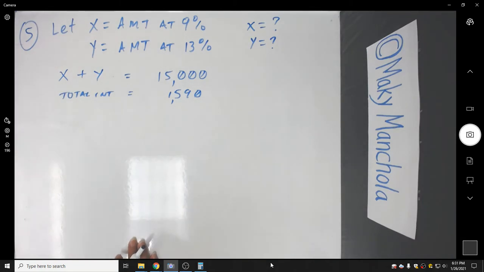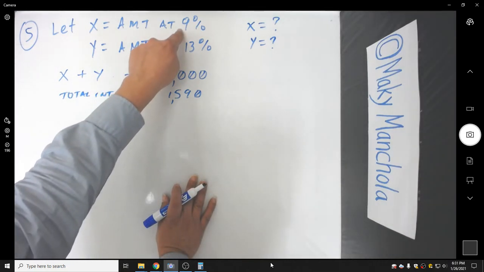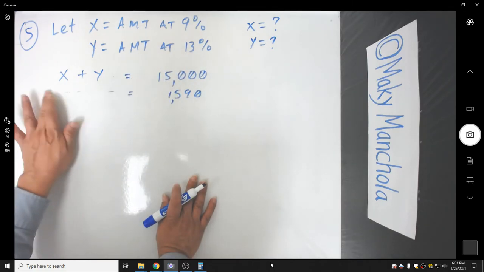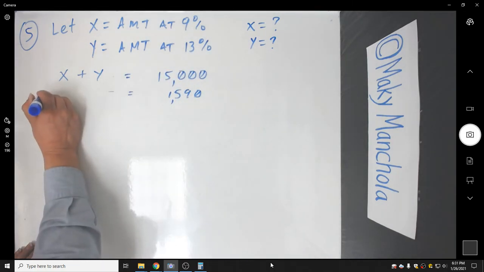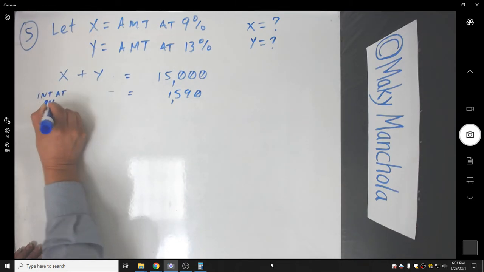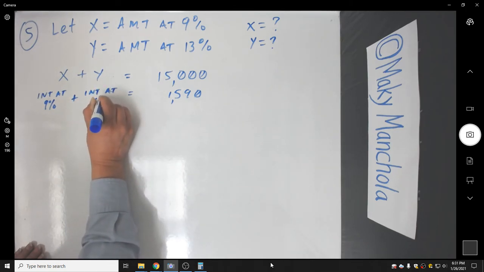Now, how do you compute the total interest? You're going to have to add the interest earned at 9% plus the interest earned at 13%.